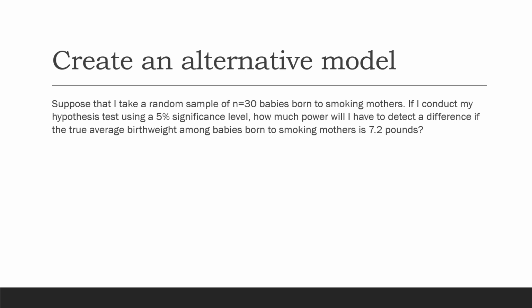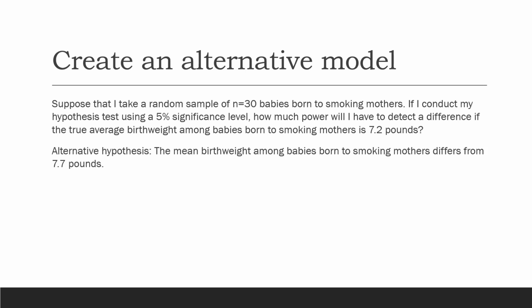So my alternative model is going to be based on my alternative hypothesis. And remember, I'm going to be setting it up around a specific alternative. I want to know the chance I detect a difference if the true average is 7.2 pounds.